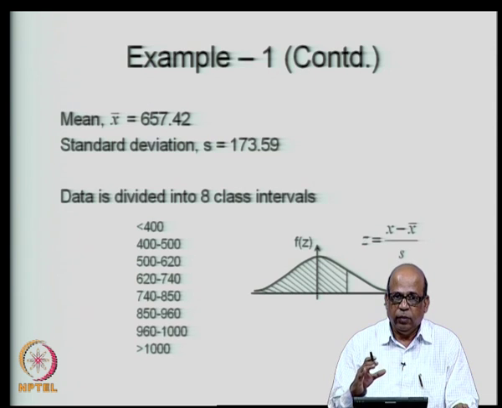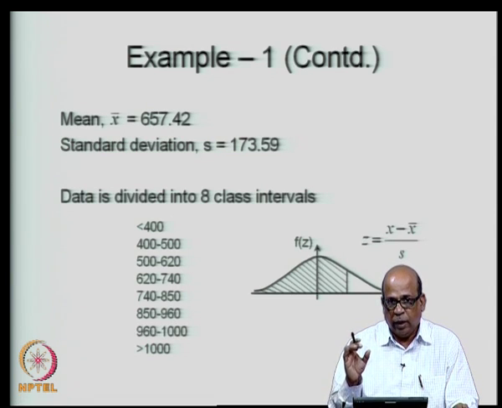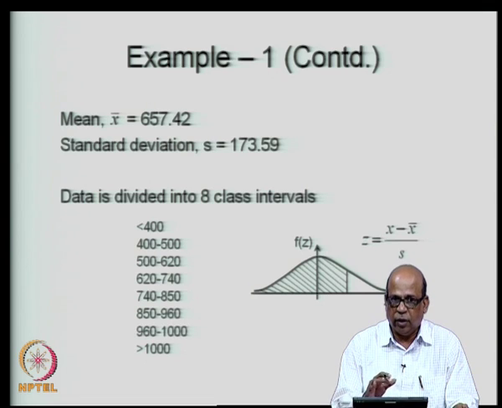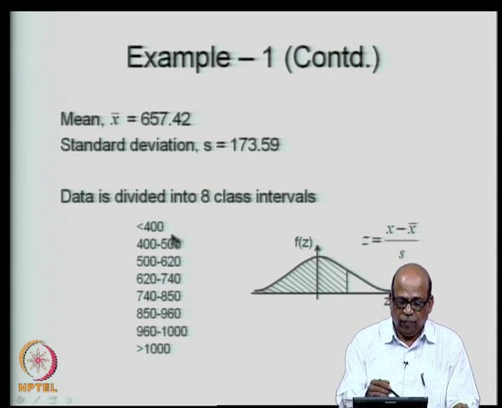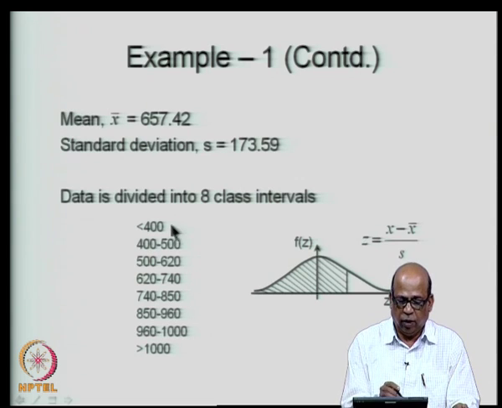Remember, the basis is that we want to examine whether the observed relative frequency, or the observed number in each of these class intervals, closely approximates the expected number in the corresponding class intervals if it follows a normal distribution. Observed relative frequencies we can directly obtain from the data. For example, I know how many of those 40 values are less than 400, how many fall in 400 to 500, and so on.